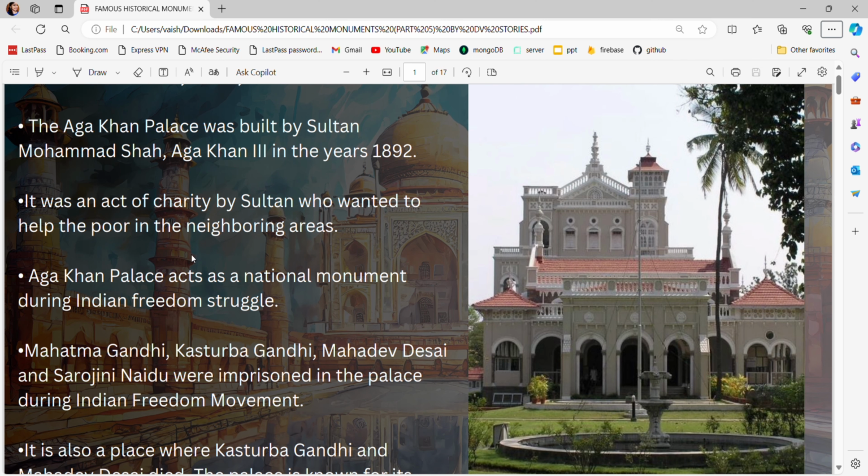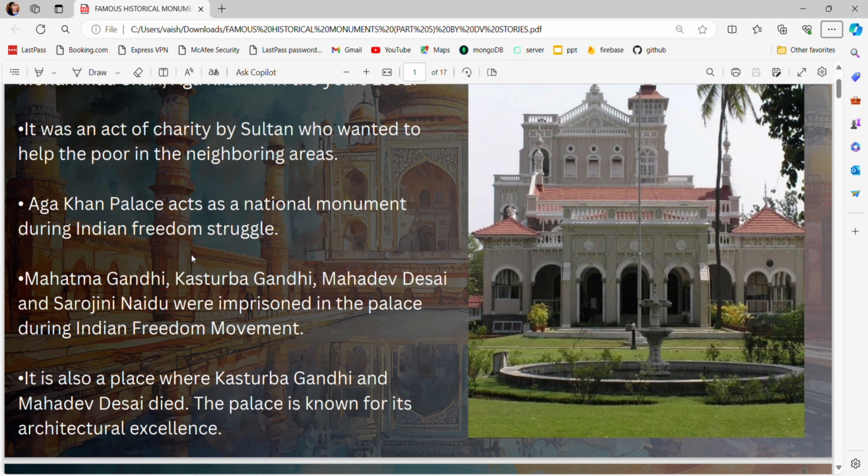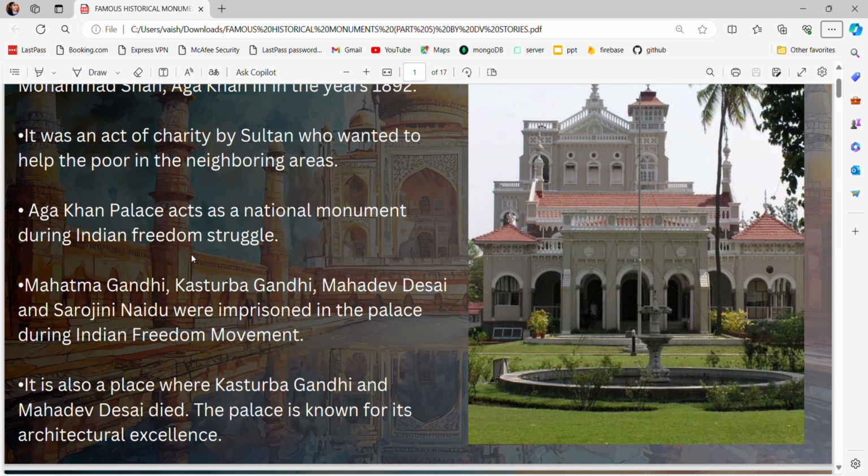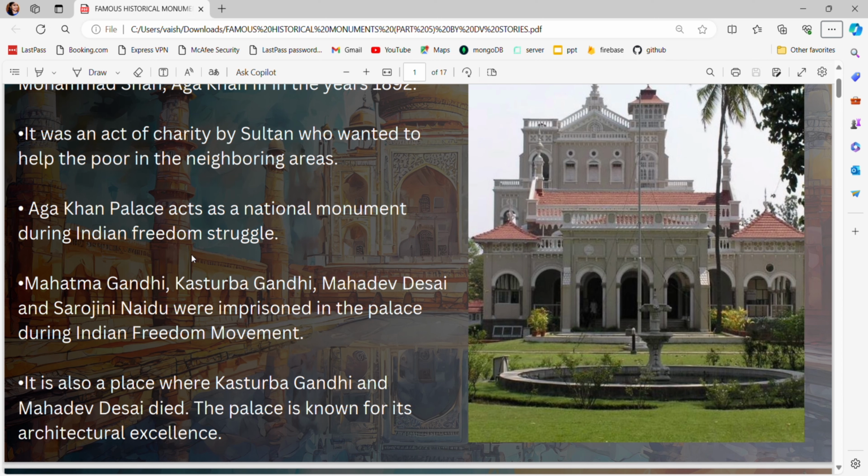The Aga Khan Palace acts as a national monument of the Indian freedom struggle. Mahatma Gandhi, Kasturba Gandhi, Mahadev Desai and Sarojini Naidu were imprisoned in the palace during the Indian freedom movement. It is also the place where Kasturba Gandhi and Mahadev Desai died. The palace is known for its architectural excellence.